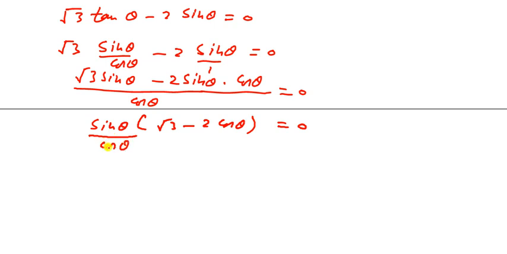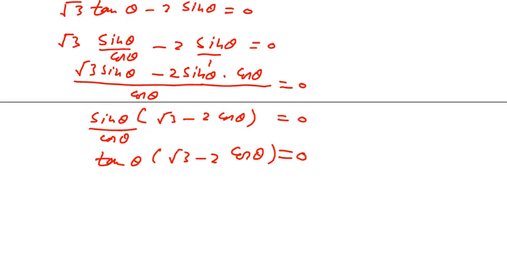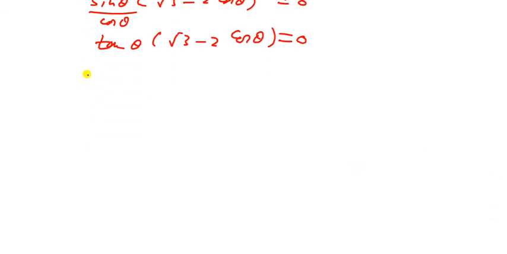So we get root 3 minus 2 cos theta is equal to 0, and here is cos theta. As you know, sin theta upon cos theta is tan theta. Root 3 minus 2 cos theta equal to 0.